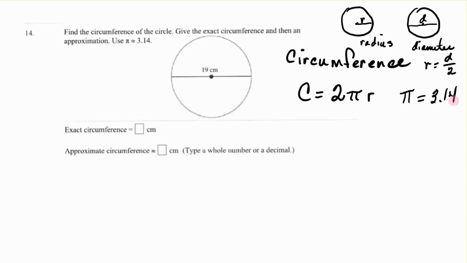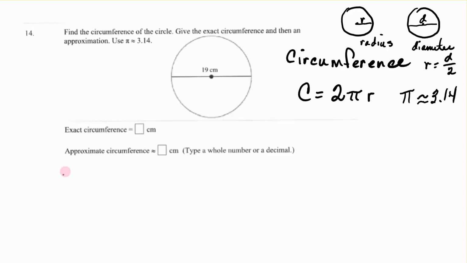It is actually not equal to 3.14, but it is approximately 3.14. So in your problems, you're going to be asked to find exact and approximate. And it's very important that you understand the difference between those two statements.